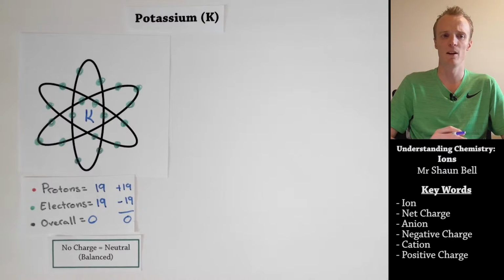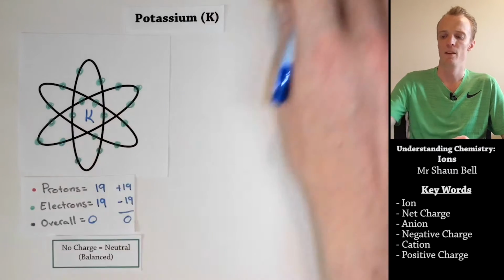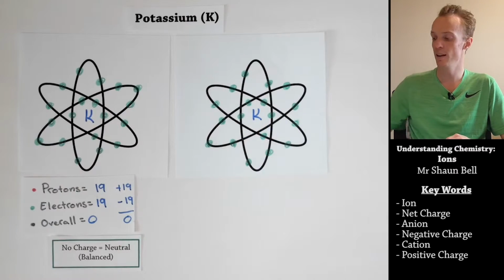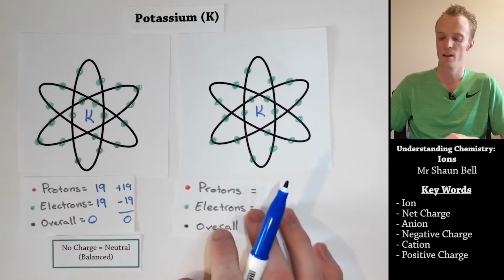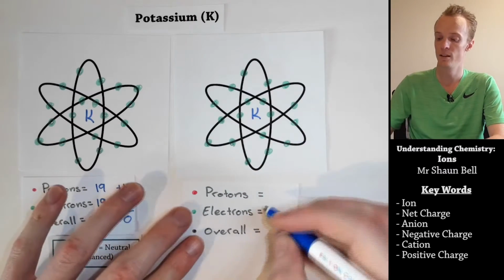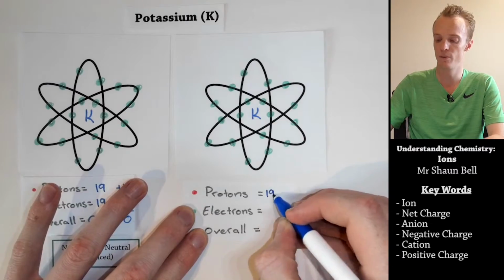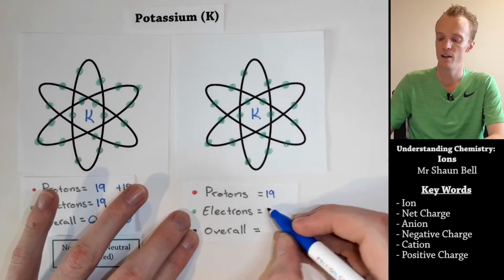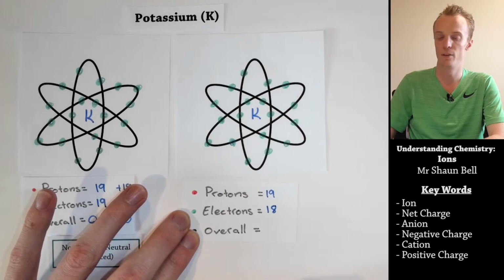However, potassium atoms like to lose an electron, generally giving it to another atom. So here I've got an image of potassium that's given an electron to another atom. If I start by counting the number of protons this potassium atom has, it still has 19 of them. If I count the number of electrons in this diagram now, I've actually only got 18 of them.